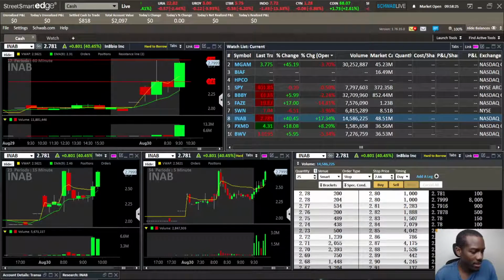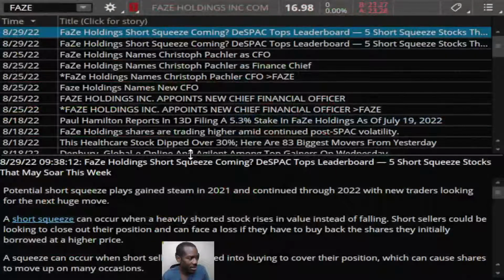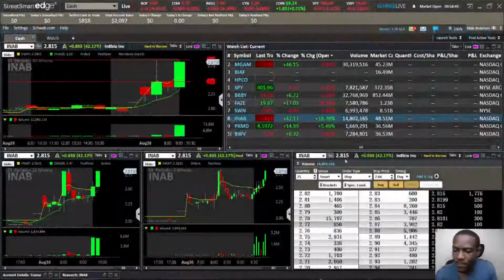So as for now, these are the scans that I'm looking at. Pretty dry scans overall. MGAM, up 17%. BBBY, and then AMD. So pretty dry scans here.